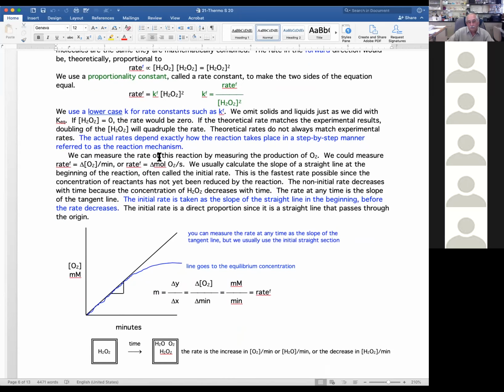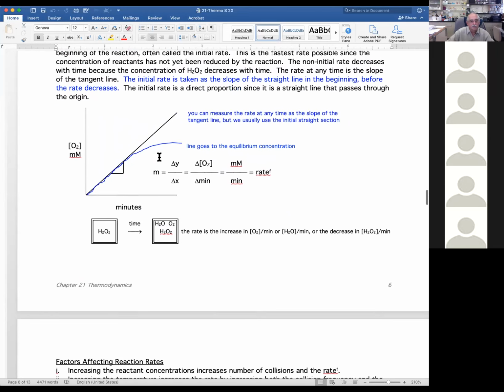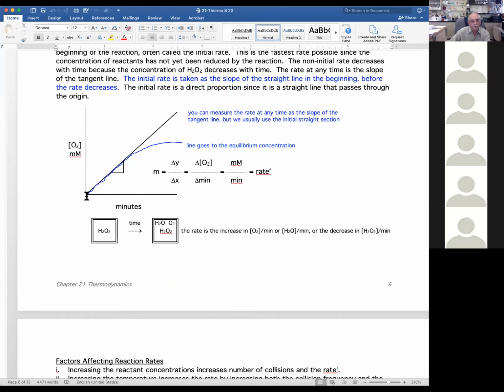So then I just want people to know what a rate is. Using that same chemical reaction, we start off in a container with only hydrogen peroxide. Then we let it decompose into water and oxygen. Here I'm looking at the time after I initiate the reaction, and I'm looking at one of the products. At 0 time, there is no oxygen. But as time goes on, I start to make oxygen.